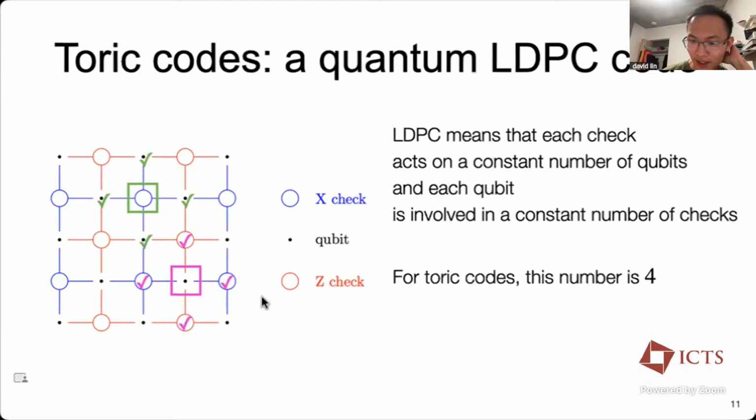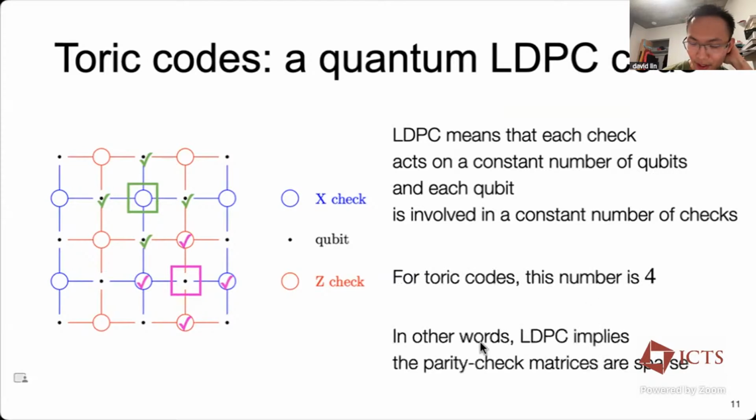So for the toric code, this number is really just 4. There are some practical reasons why LDPC is an important property to have, but I won't go into that detail. What I'll say is that the LDPC condition is basically saying that your parity check matrices are sparse matrices.